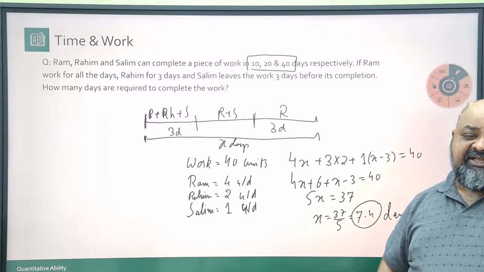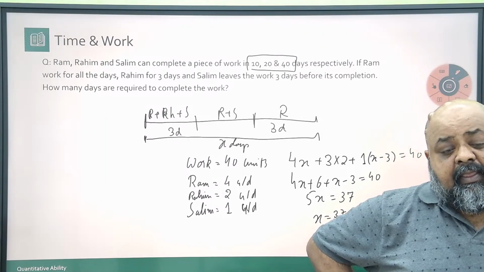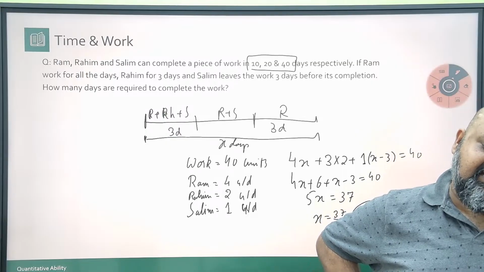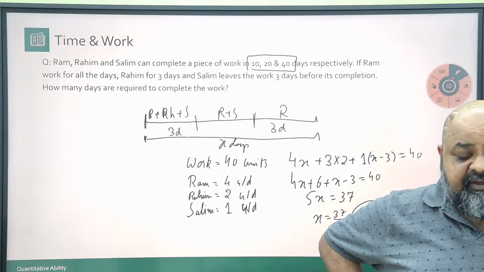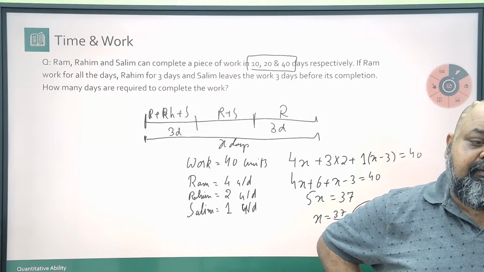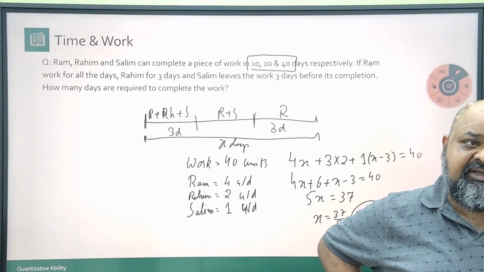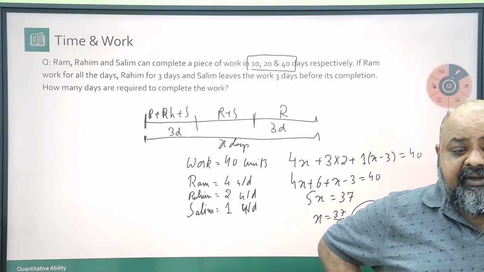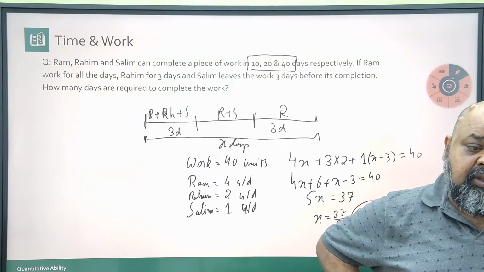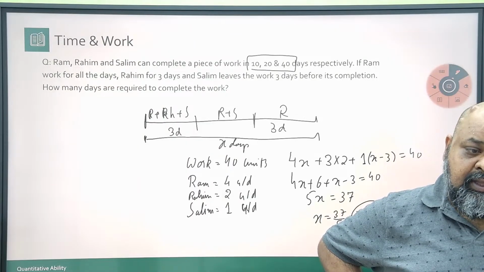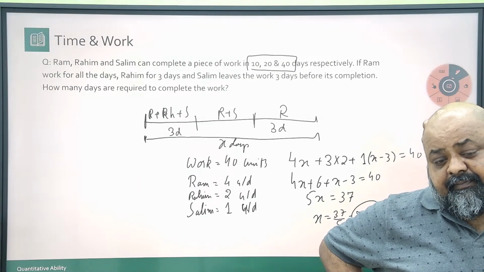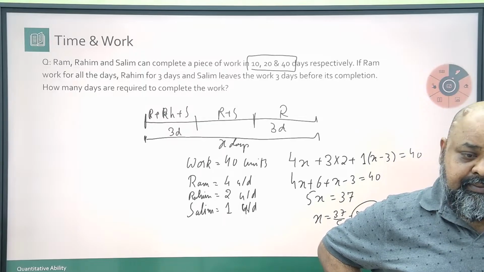So the work lasts for 7.4 days, out of which the first 3 days, Ram, Rahim and Salim all work. For the last 3 days, only Ram is working. 7.4 minus 3 minus 3 is 1.4. In the middle, for 1.4 days, both Ram and Salim are working. Is this okay?